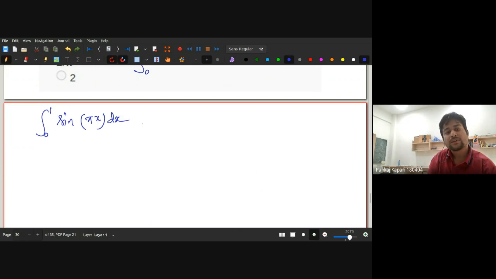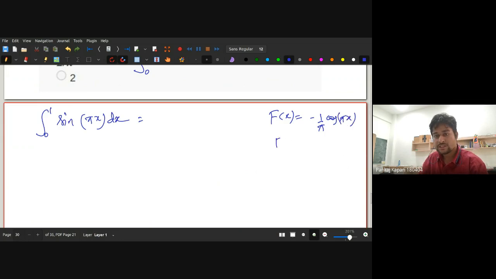Now let's take this function f of x, which is just minus 1 over pi cos pi x. You can see that if you differentiate this function, then you will get a minus sign, so that will cancel, and then from the chain rule pi also cancels. We'll get just sine of pi x, which is given here.